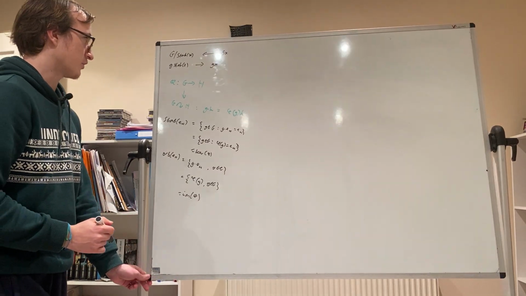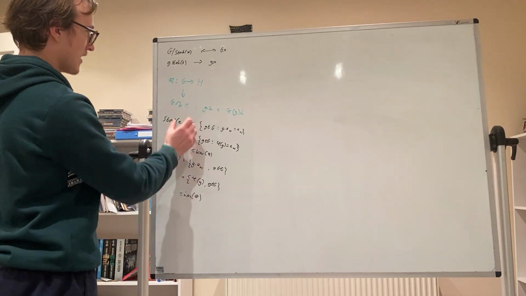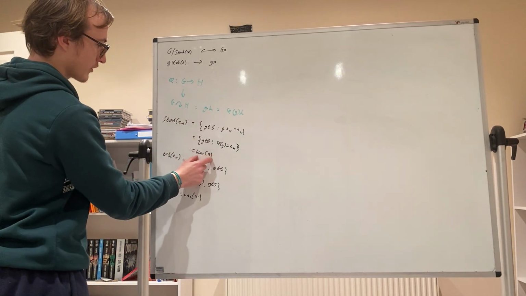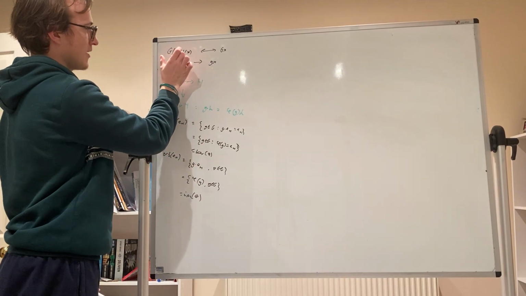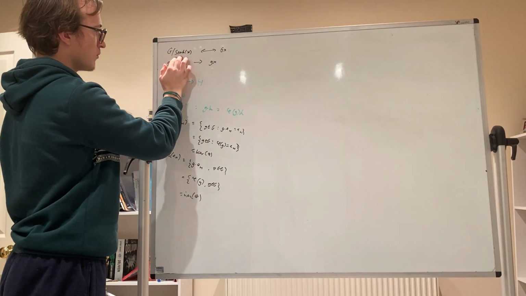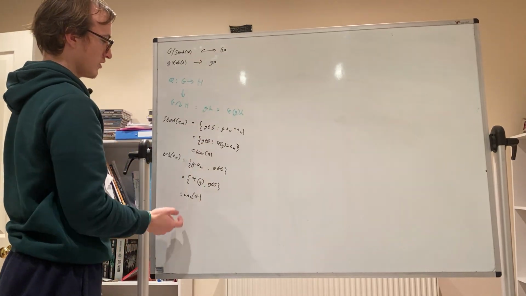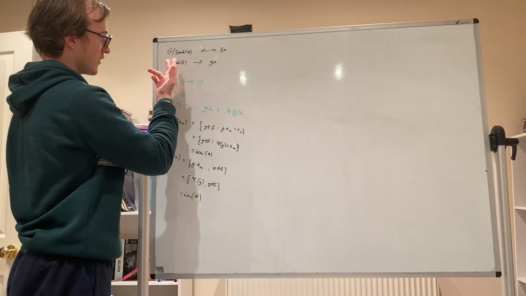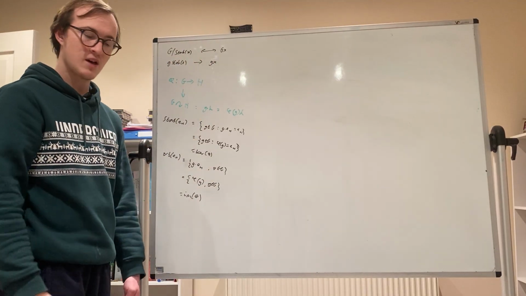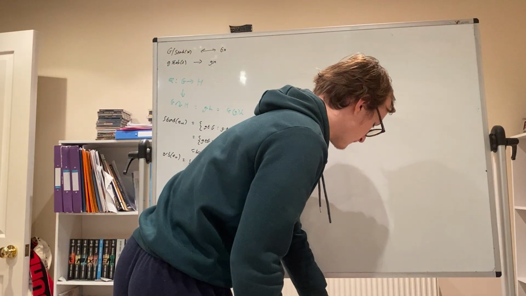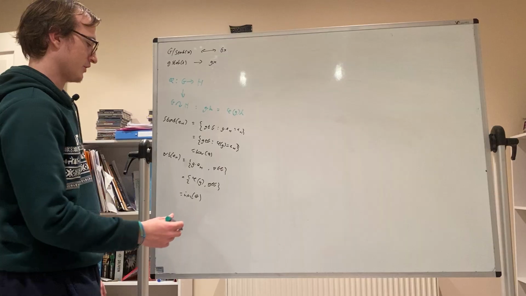And so, okay, good. Now we're in really suspicious territory. We have the stabilizer is the kernel, the orbit is the image, and the orbit stabilizer theorem tells us that G mod the stabilizer is in bijection with the orbit. But now we get G mod the kernel is in bijection with the image. And that's exactly what the first isomorphism theorem tells us.